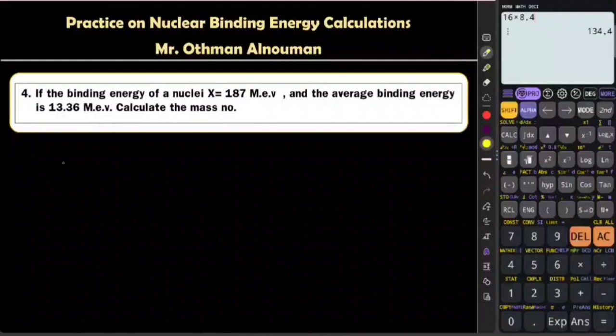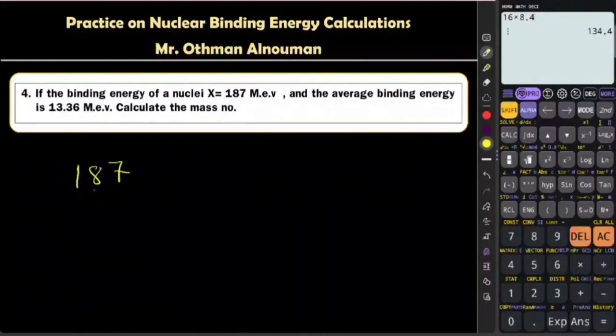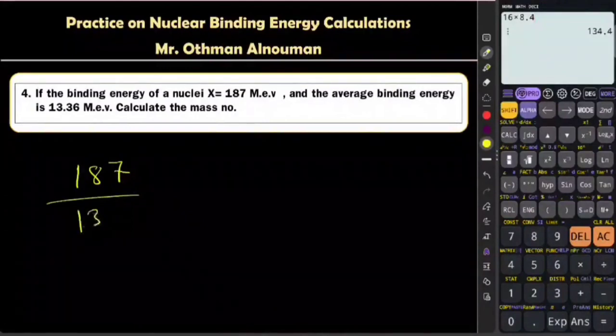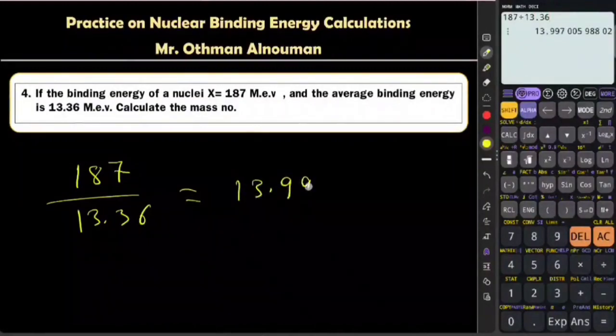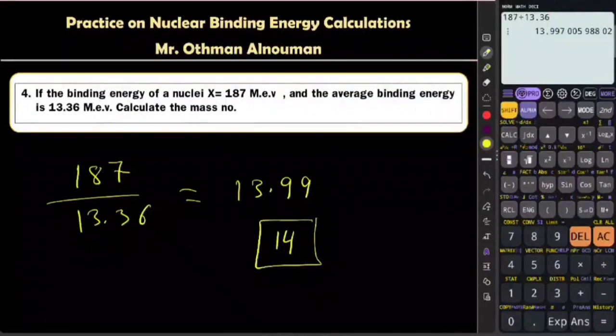We are going to divide the binding energy over the average binding energy, and that would equal 13.99. So we can say the mass number is 14. We can round it. It will be 14. This is the mass number.